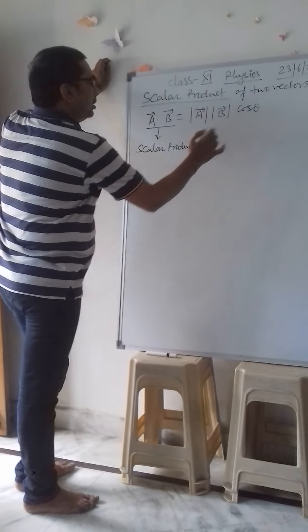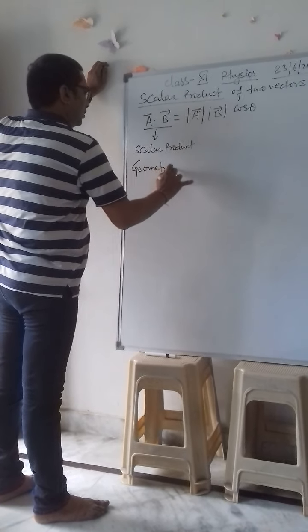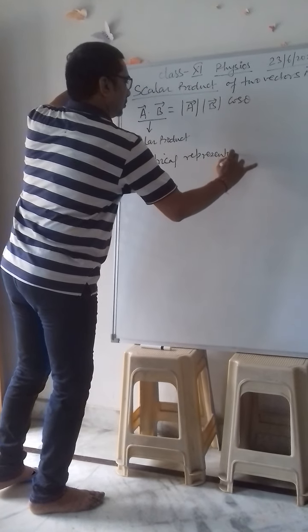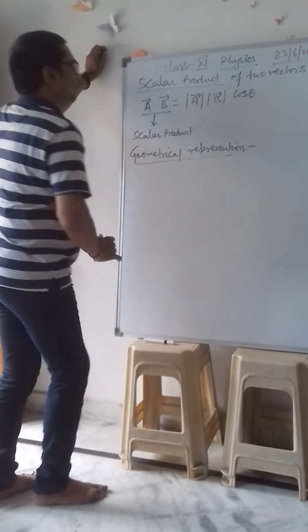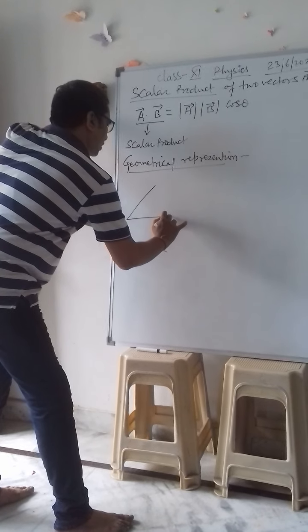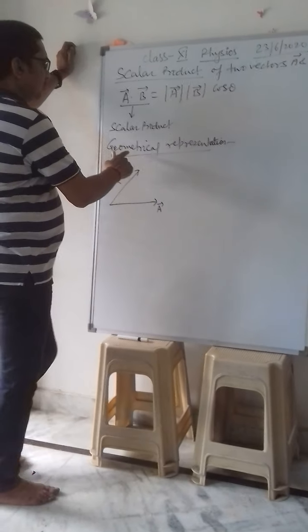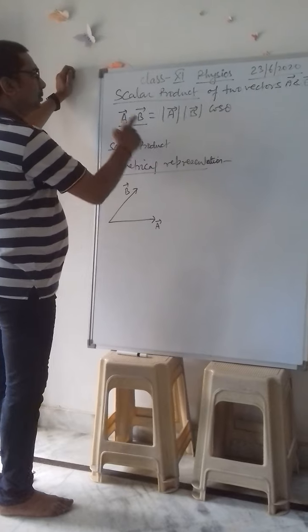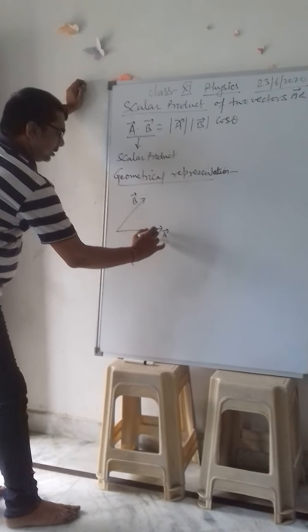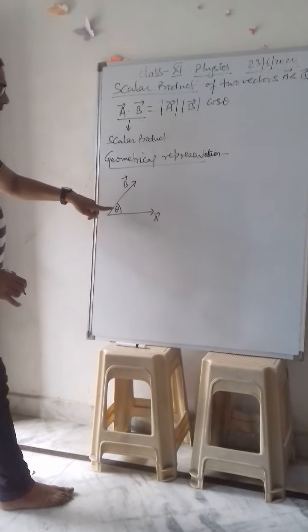Now, the geometrical representation. This is the vector A and this is the vector B. The angle between them is theta.